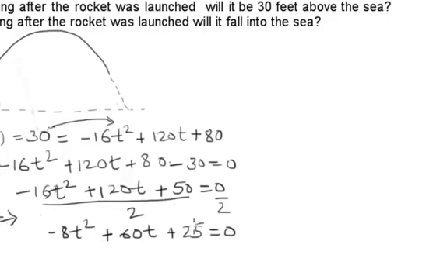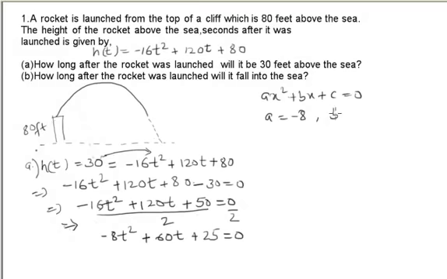If I compare the given equation with the standard equation, that is ax square plus bx plus c equals 0, I have the value of a as minus 8, the value of b is 60, and the value of c is 25. This helps you to calculate t using the formula method, that is given by minus b plus minus under root of b square minus 4ac over 2a.